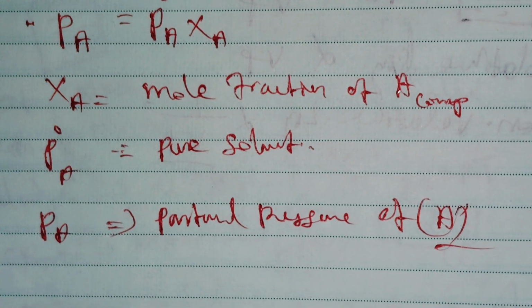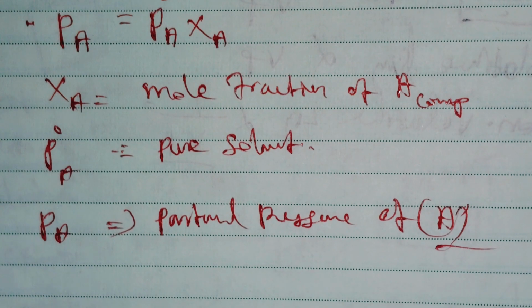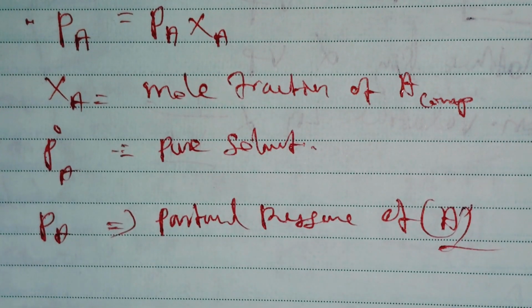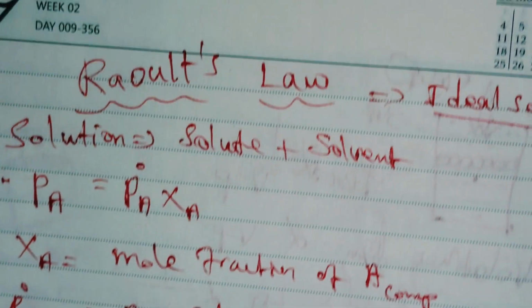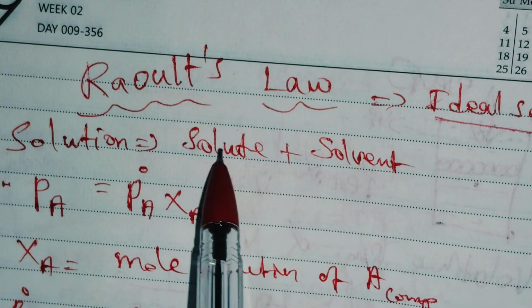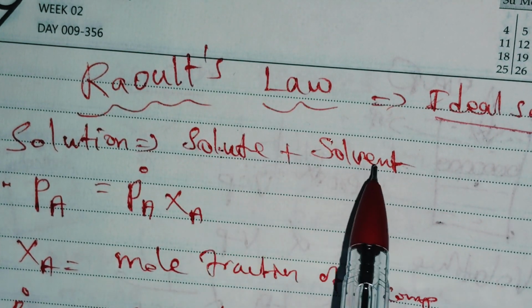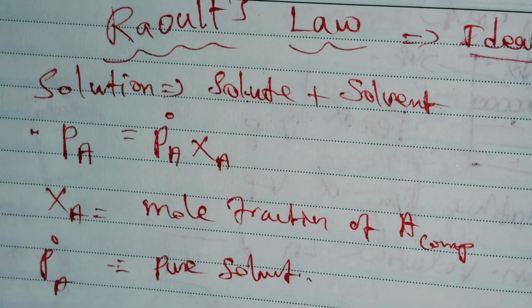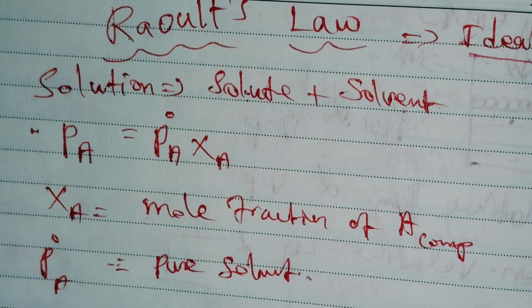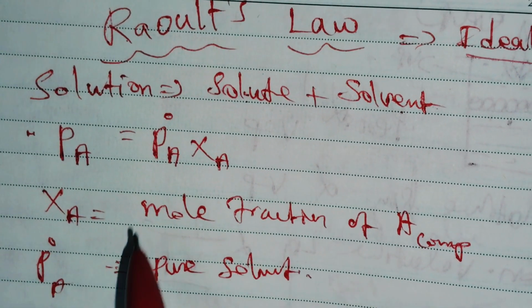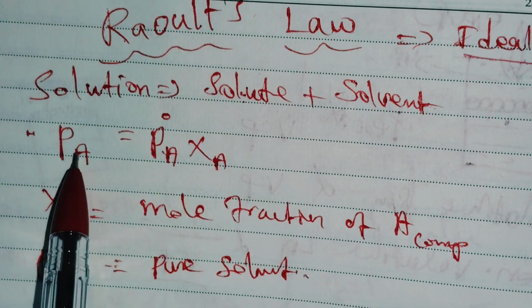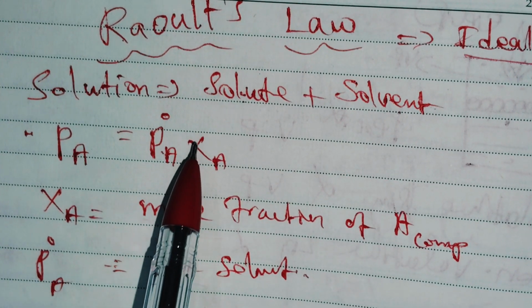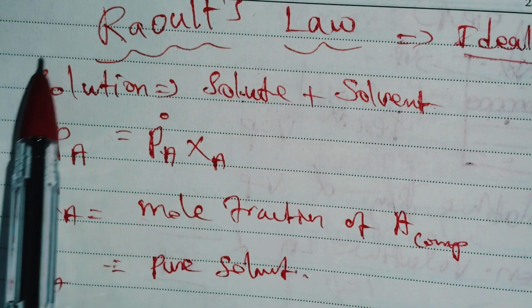So in the actual Raoult's law for a binary liquid system, a binary liquid system means the solution contains only two components: one is a solute, another one is a solvent. For that, the quantitative relation is between the partial vapor pressure and the mole fraction of the component in the solution.